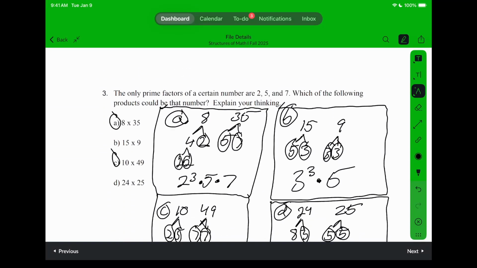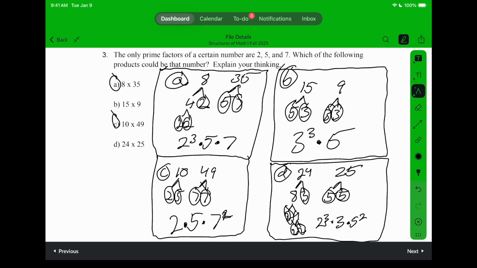And then we had an unknown number, but we knew its prime factors, and we were given options as expressions, and we were able to determine which of these expressions could be the specific number that had prime factors of only 2, 5, and 7.